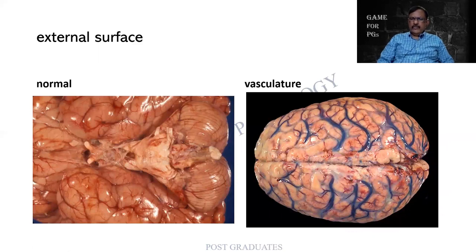In the external surface, usually, as I told you, you people will have to look for the various narrowing or the edema, etc. Sometimes we can look for the vasculature also and the adjoining pathology, any malformations of the blood vessels. And this is the base of the normal brain.